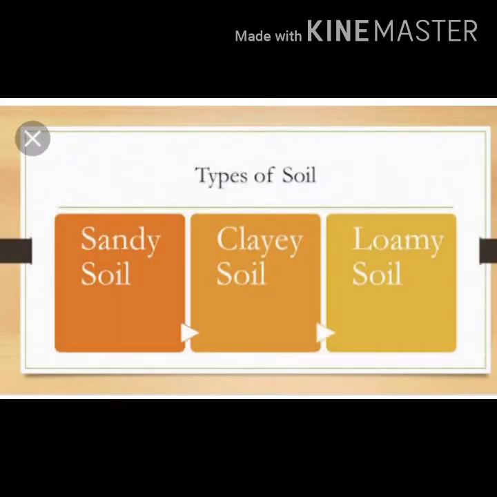We know that weathering of rocks produces the soil. So the type, quality and texture of the soil completely depend upon the parent rock from which it is formed. And the type of soil generally varies from place to place.